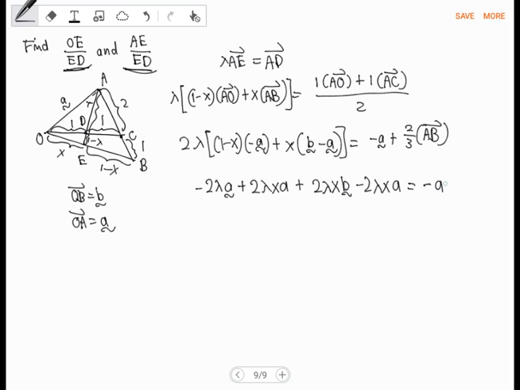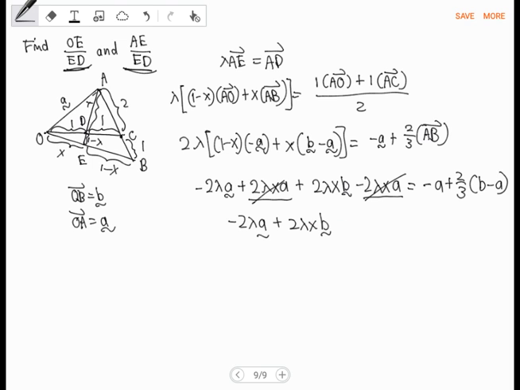minus A plus 2/3 AB, and AB is just OB minus OA, so it's B minus A. To further simplify, we see that minus 2 lambda xA and plus 2 lambda xA will cancel off each other, and then we will have minus 2 lambda A plus 2 lambda xB.